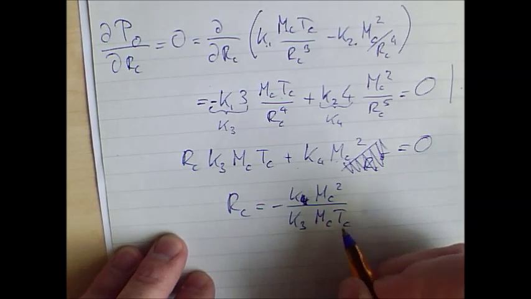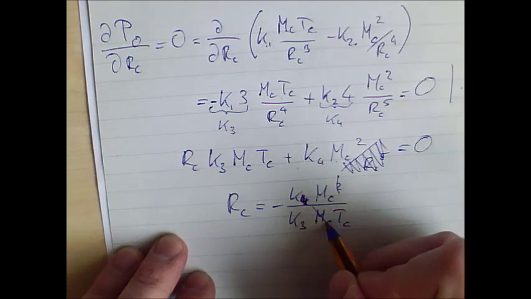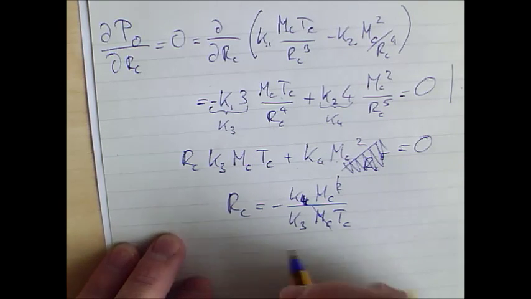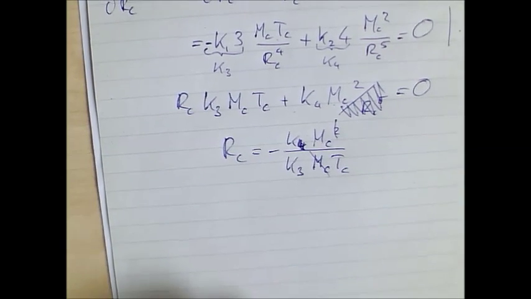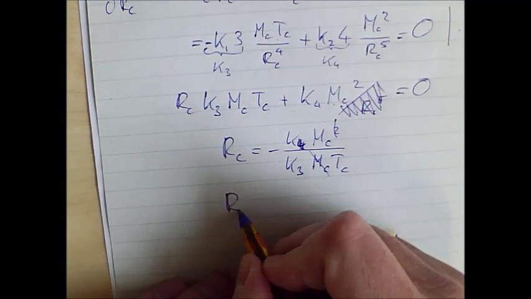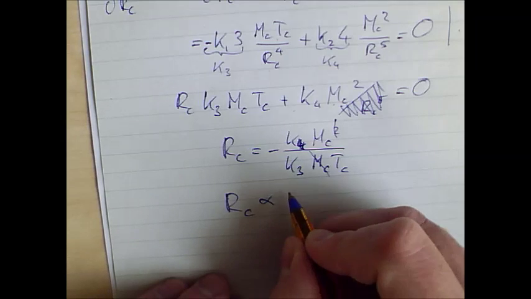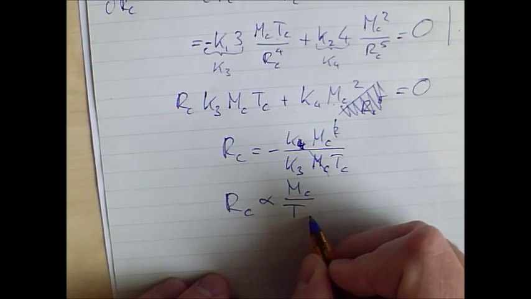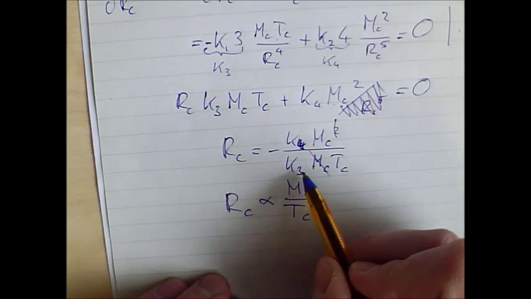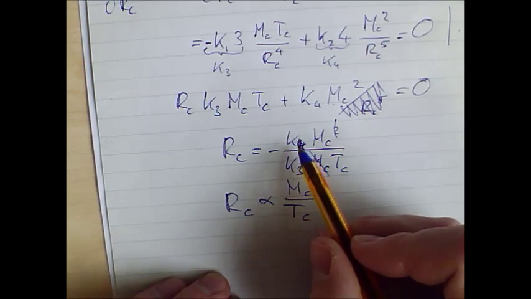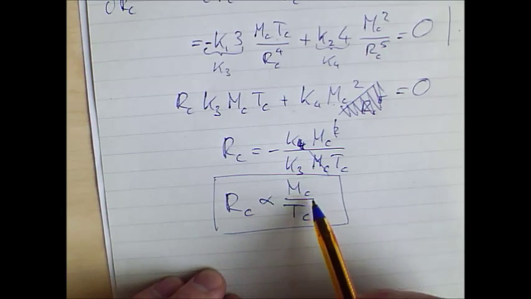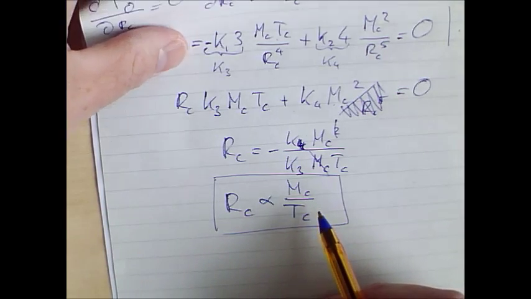Now you can already remove one of the mass terms, and if you're expressing this purely as a scaling relationship, you can just write RC proportional to MC over TC, because all of this part is just going to be a constant. So the radius of the core is proportional to the mass of the core over the temperature of the core.